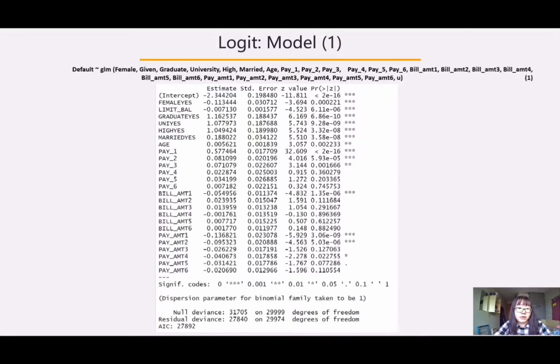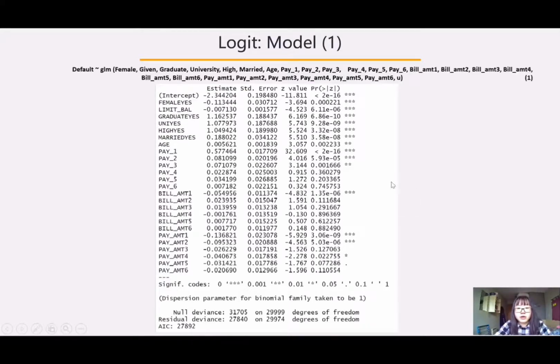That's the same as our common sense. And for the significance, we can look at this, and we can see some of them are insignificant. That may be because those parameters are highly correlated. And we can also see the AIC of model 1.